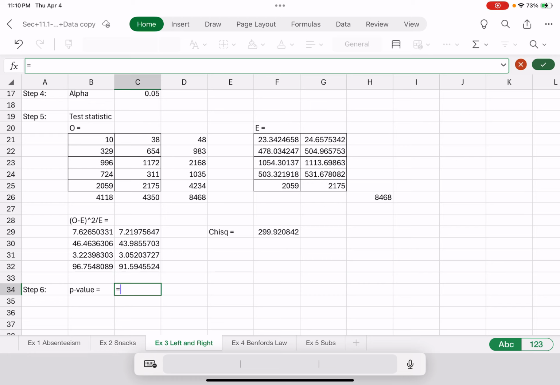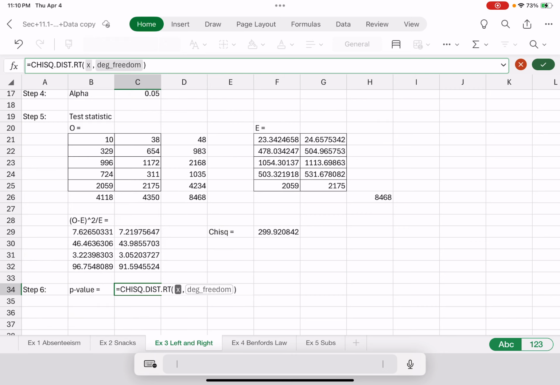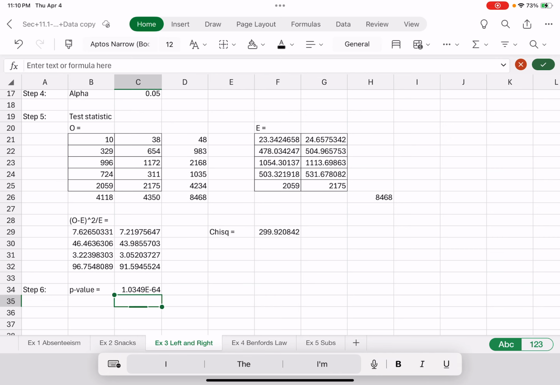So I'm going to do equals, what do we do again? Chi-squared dot dist. There it is. Put that in there. Degrees of freedom is going to be 3 again. And, okay, 3 and enter. 10 to the negative 64th. Whoa, yeah.